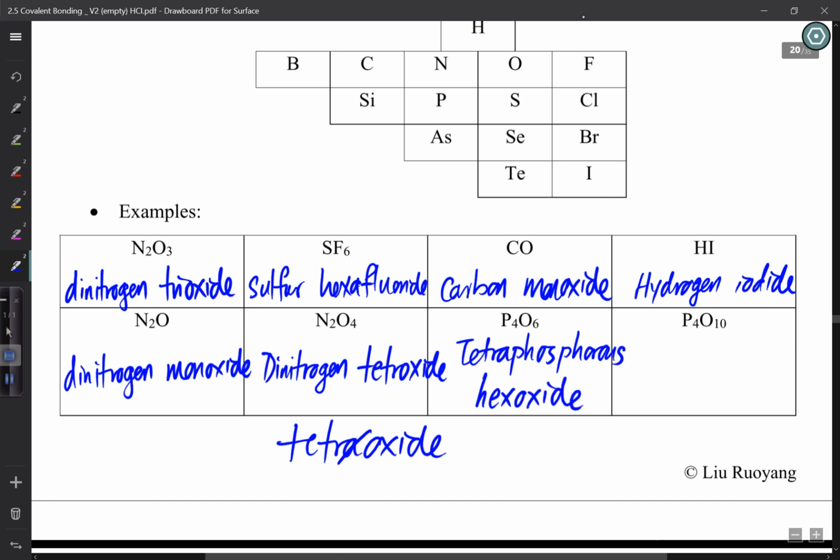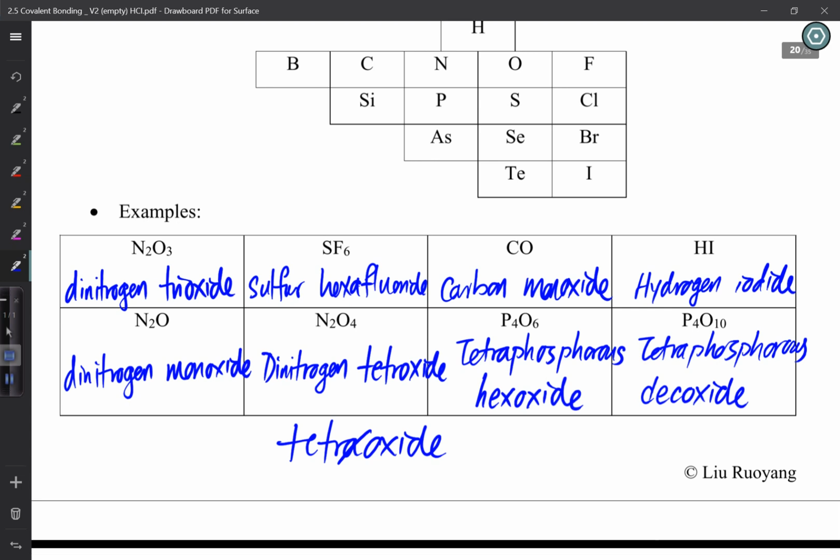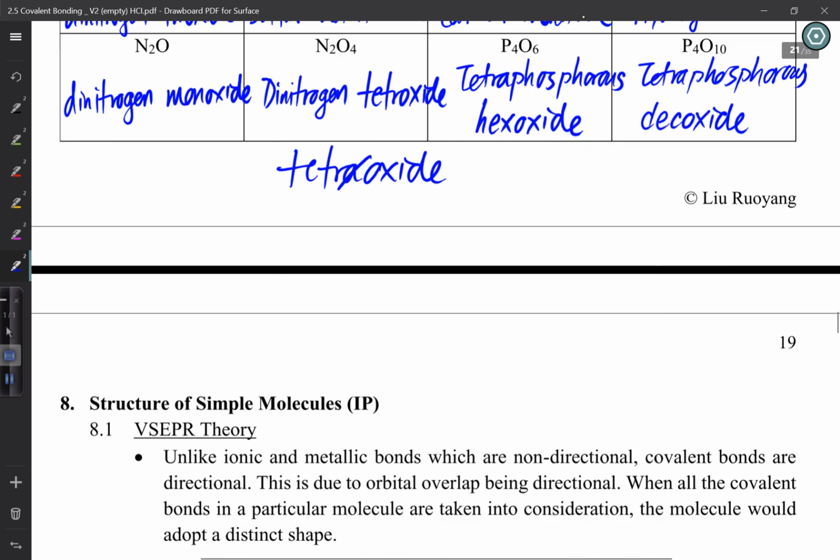Same thing, hexa, we change to hexo because A and O, we remove the A. And then the last one will be tetraphosphorus decoxide. Alright, this is just for your enrichment. For 10 it is called deca something. So this is how you name covalent compounds.